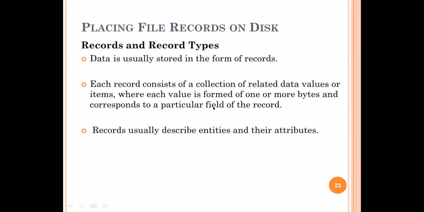Records usually describe entities and their attributes. Each record is a row of values, and each entity represents its attributes. Every student will have their own user number, name, department, semester, section, subjects, labs, internal marks, external marks. Each and every field is associated with each and every person. That is what is meant by records usually describing entities and their attributes.